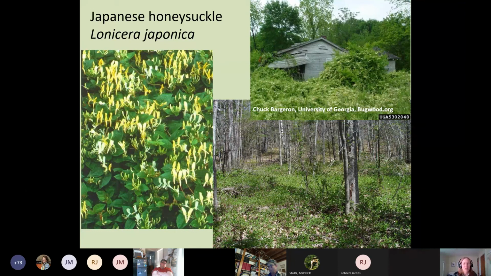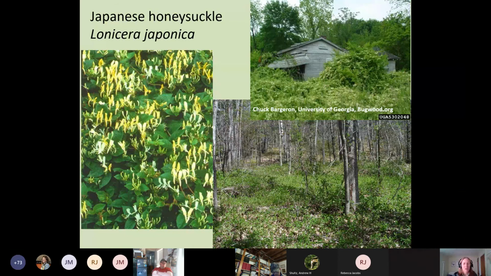And the flowers are larger than those of a shrub honeysuckle, but it's a similar plant in the sense that it has opposite leaves. In the Japanese honeysuckle, these are a bit more pointed typically than in a shrub honeysuckle, which typically is more oval shaped, but they're opposite. And it's a woody vine with a shreddy bark.